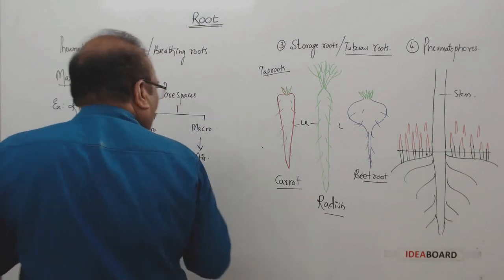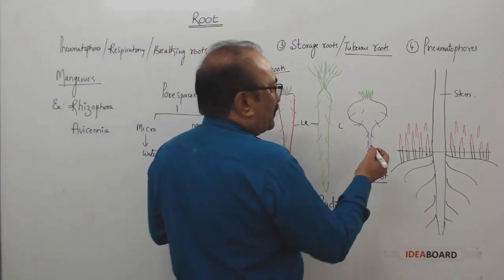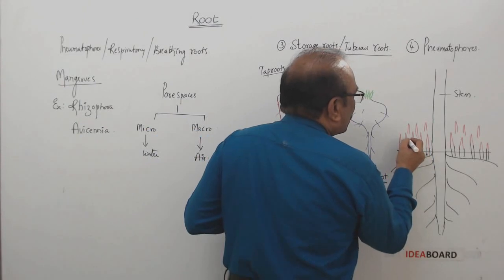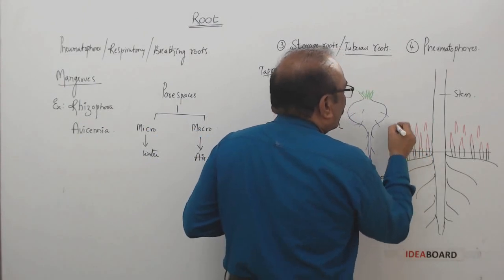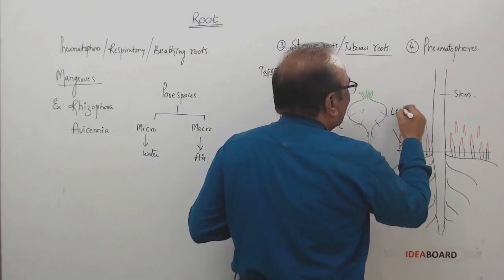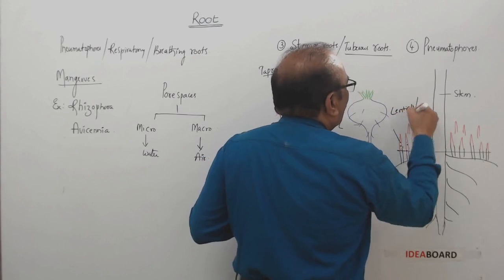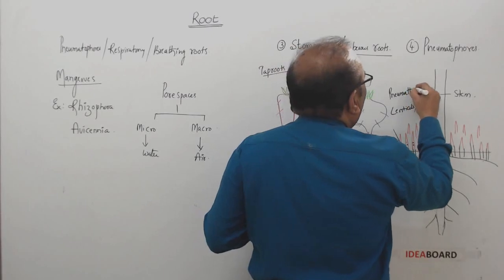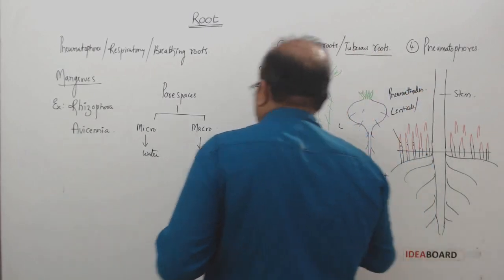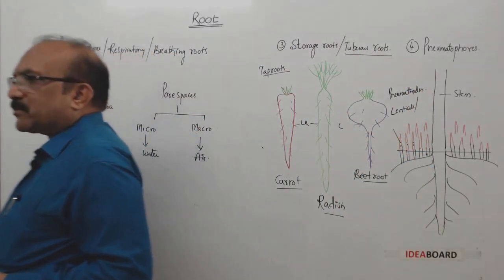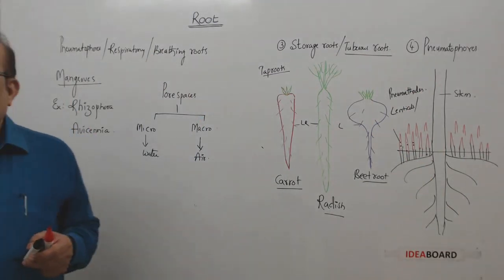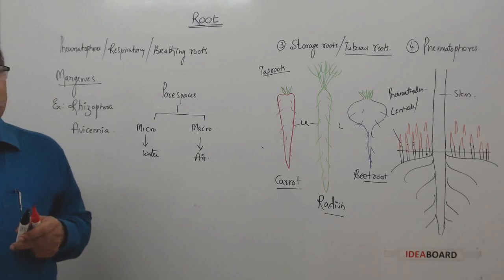And these roots are provided with some pores, which are called lenticels or pneumathodes. These lenticels or pneumathodes will help in exchange of gases.